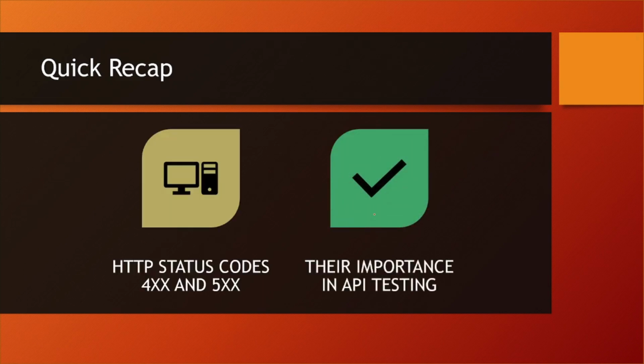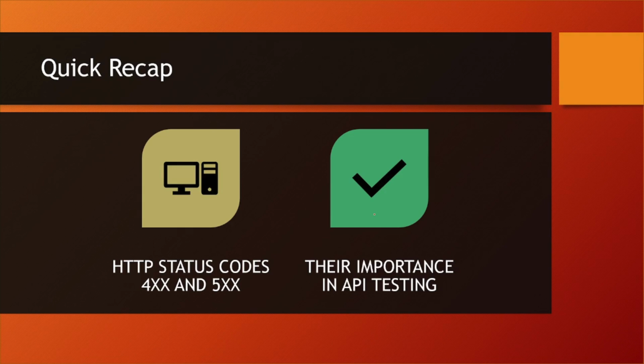So this was all about the 4xx and 5xx status codes. A quick recap: we have covered all the most commonly used 4xx and 5xx status codes in this video, why they are important and why there is a need to learn them for API testing. As an API tester, these status codes are really important to understand if you want to know the root cause of the error.